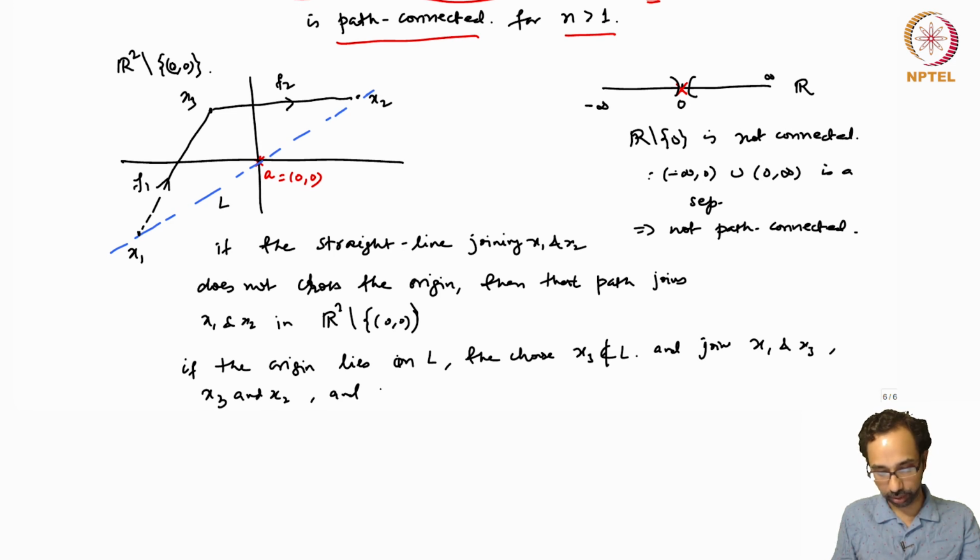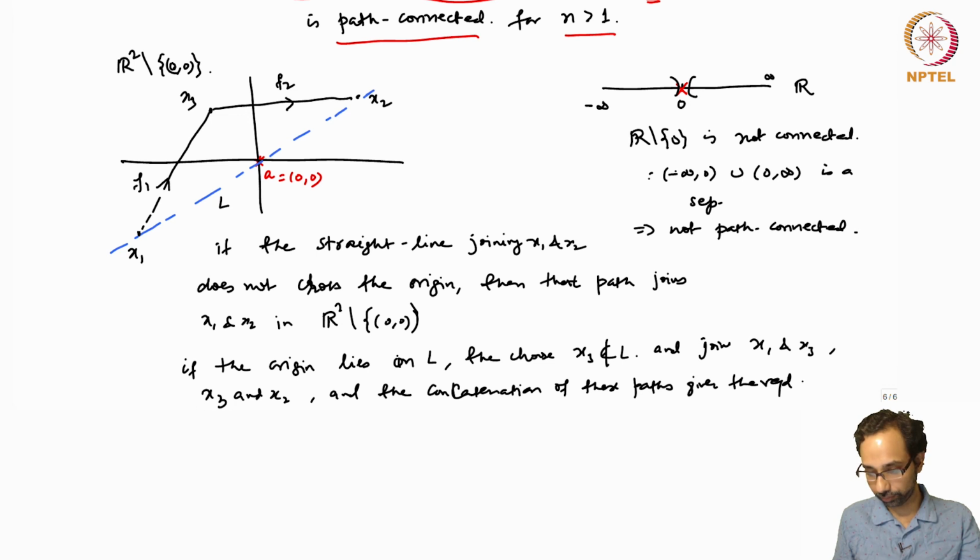The concatenation of these paths gives the required path. So it joins x1 and x2. So this is a visual proof of the fact that R2 minus the origin is path connected.